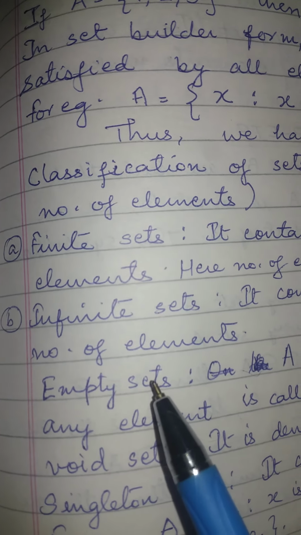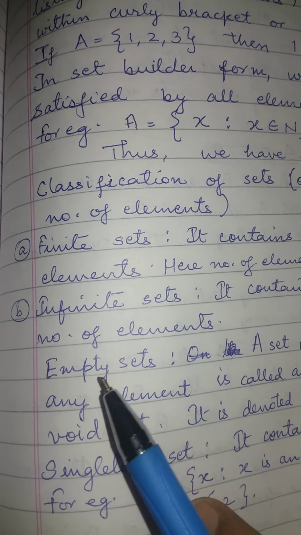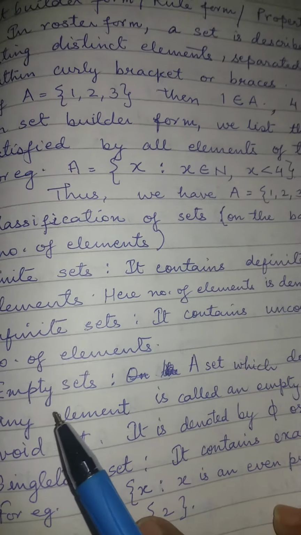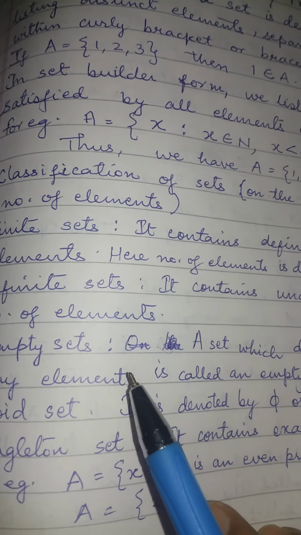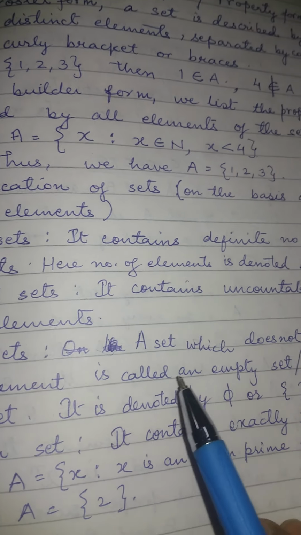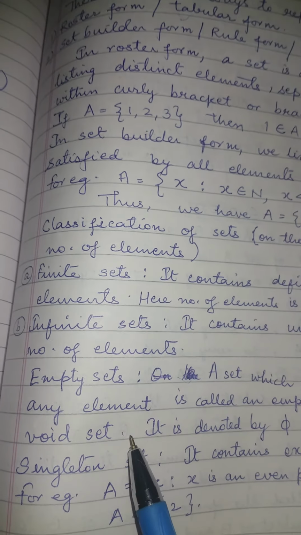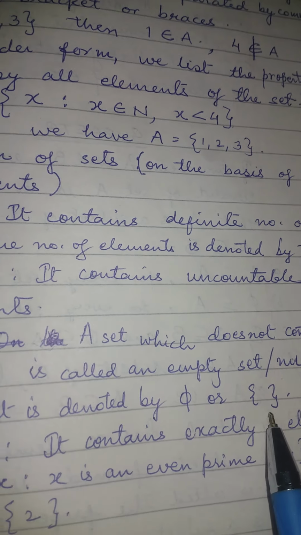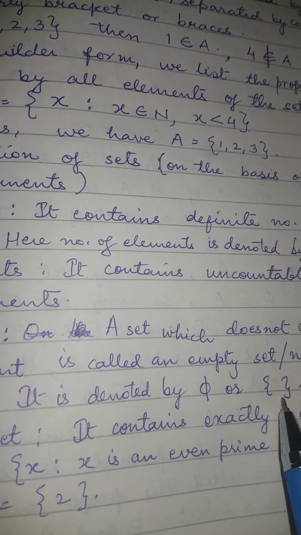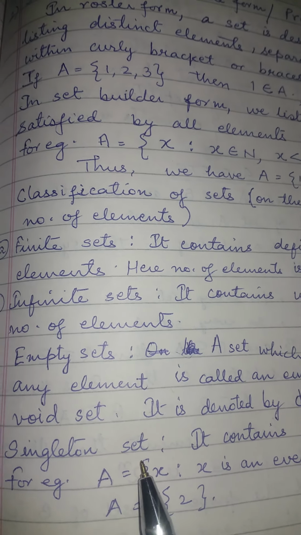Next is the empty set. Empty set, as the name indicates, means there should be nothing in the set. An empty set is a set which does not contain any element. This set is also called a null set or a void set, and it is usually denoted by phi or empty braces. Then singleton set.